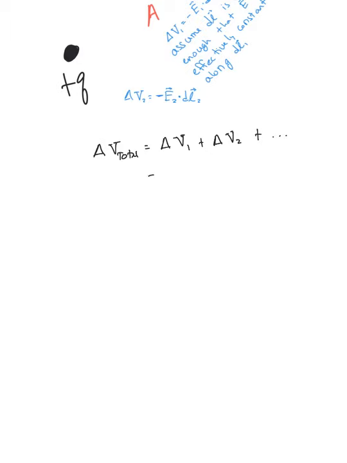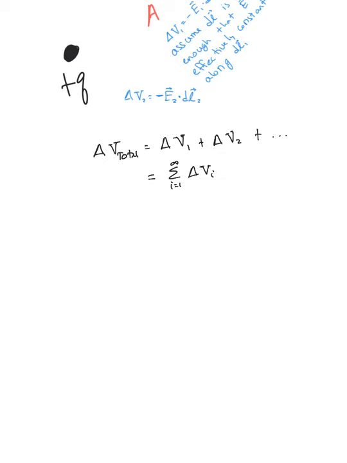And I could write this as the sum from, say, i equals 1 to infinity of all of my delta V's, right?